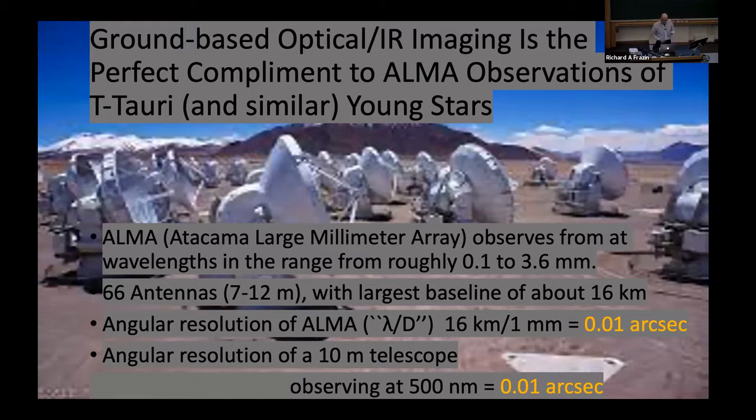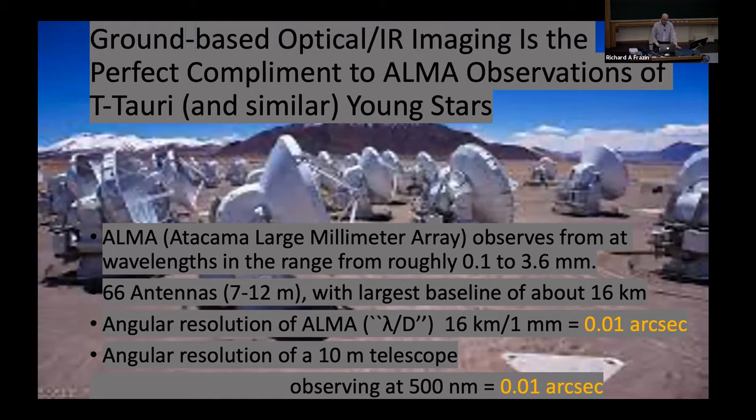Now, one really handy thing to know is that if you calculate the lambda over D angular resolution of ALMA, you take 16 kilometers and divide it by 1 millimeter, that gives you 1/100th of an arcsecond.